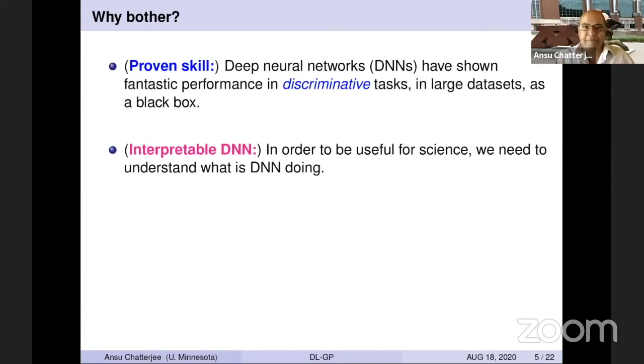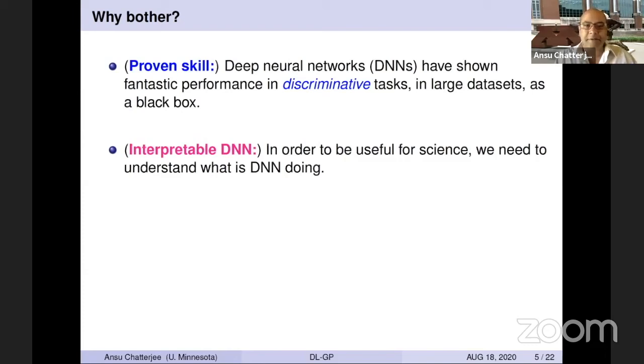What we are aiming for here is interpretable deep neural networks. In order for deep neural networks to be useful for doing science, we need to understand what exactly is happening inside that particular black box that we're building. That's the purpose of this workshop, and of a lot of what the harnessing the data revolution HDR grants have been working on.